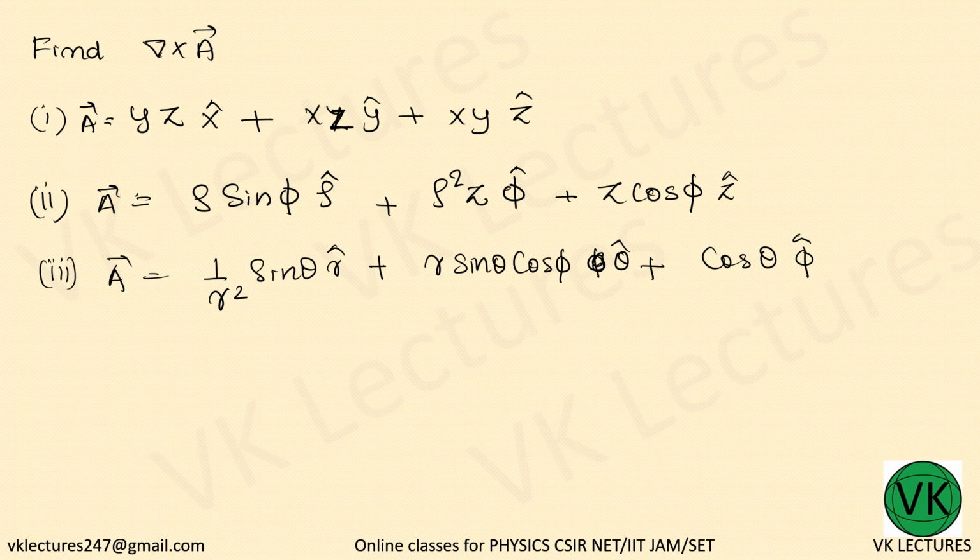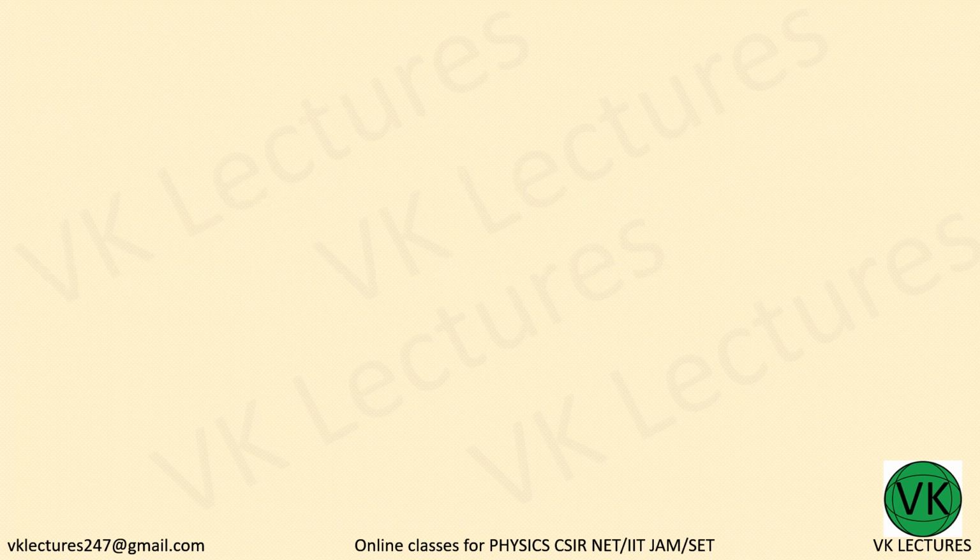Here are few questions for practice. Vector A in 3 different coordinate systems are given. You are asked to find del cross A, the curl of the vector A. So vector A is equal to rho sin phi rho cap plus rho square z phi cap plus z cos phi z cap.